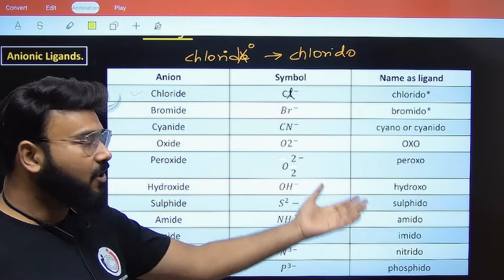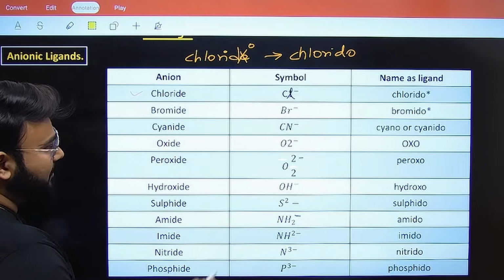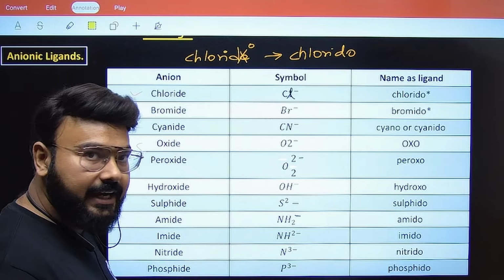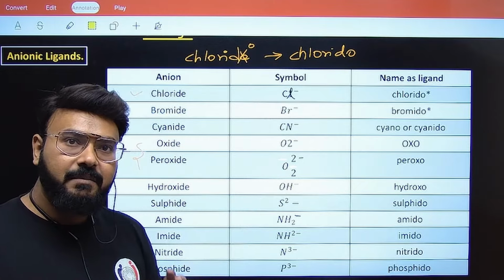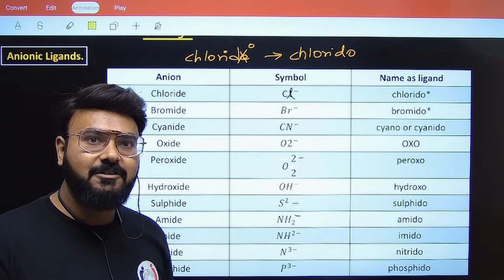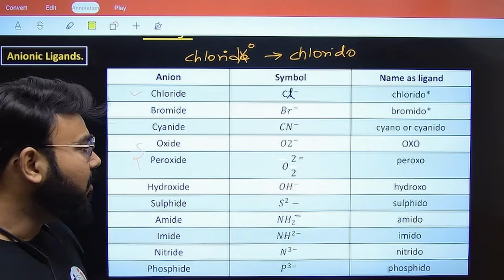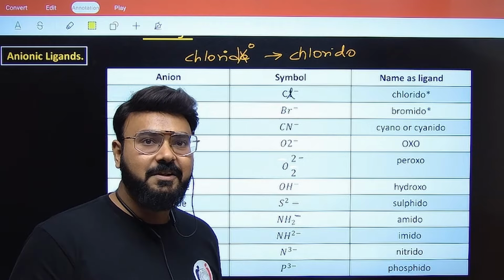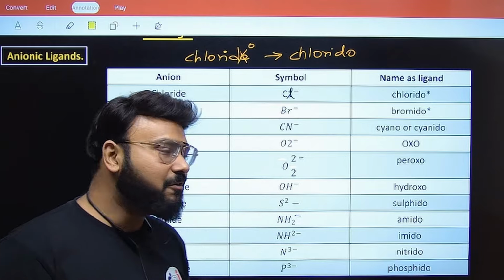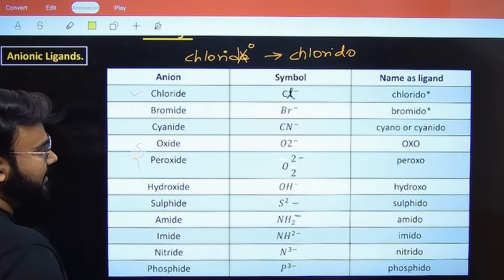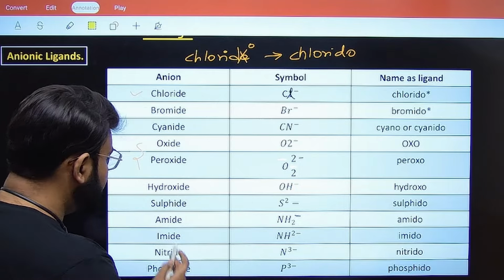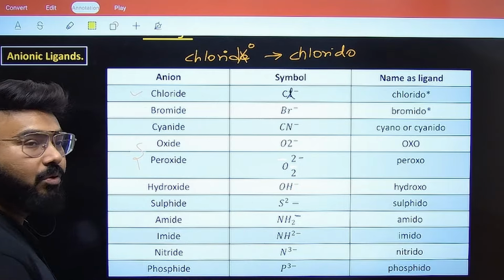You have to remember the difference between oxide and peroxide. Oxide ion is a single atom with an oxidation number of -2. Peroxide is a molecule, O2, and it has an oxidation number of -2, same as oxide. For hydroxide, it will become hydroxo or hydroxido because you strike the E off and replace it with O.